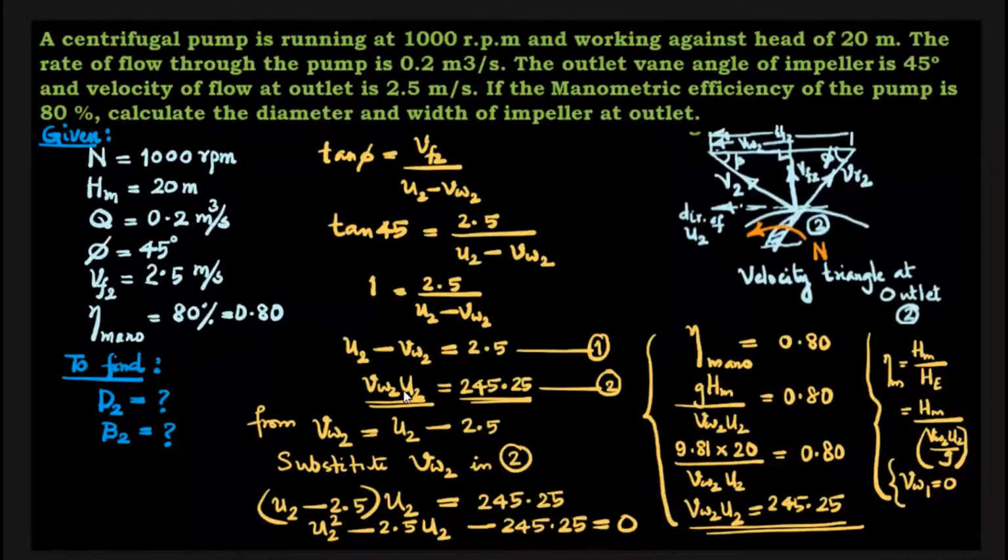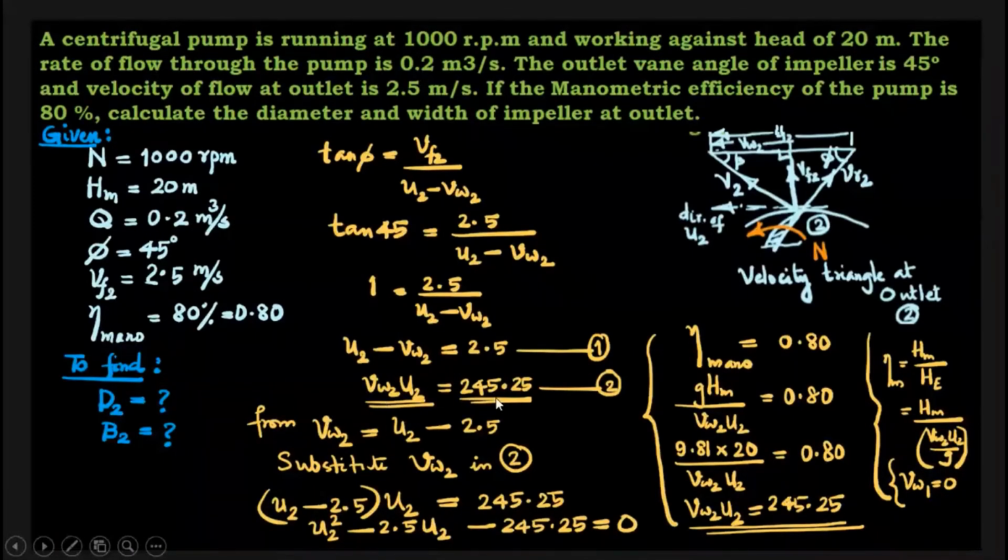From the first expression you can get VW2 is equal to U2 minus 2.5, and substitute that value of VW2 in the second equation, and then you will get a second degree equation in terms of U2. So VW2 is equal to U2 minus 2.5 from the first equation, substituted in VW2 U2 is equal to 245.25.